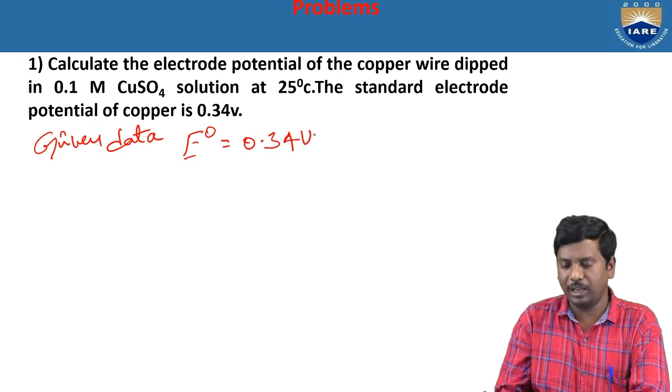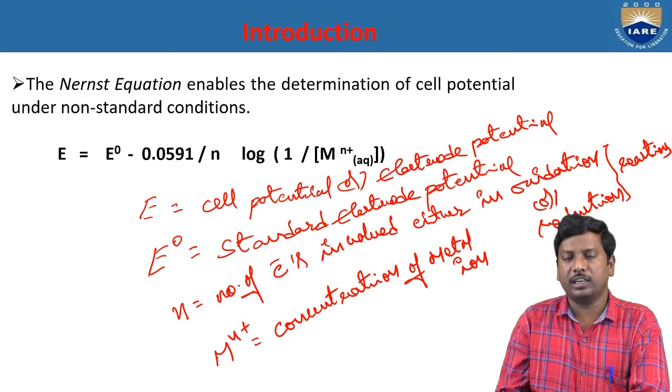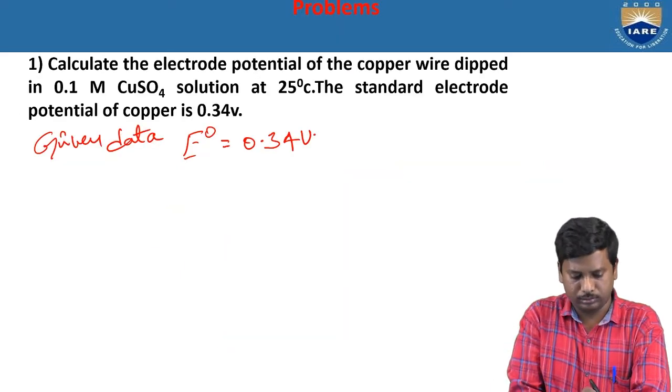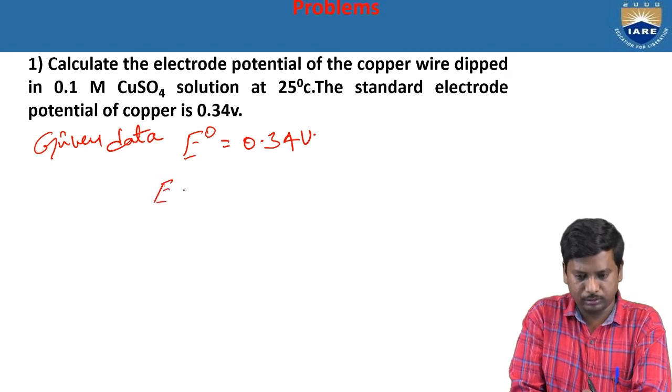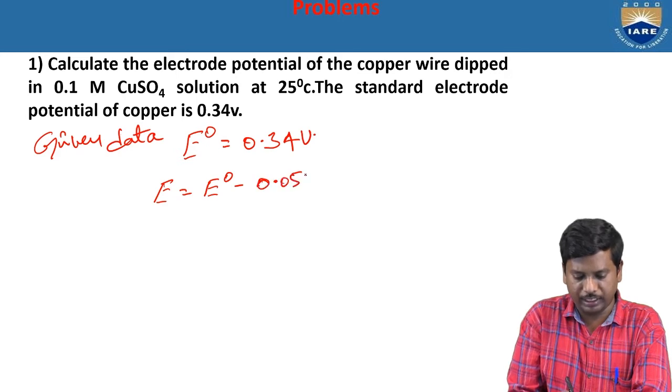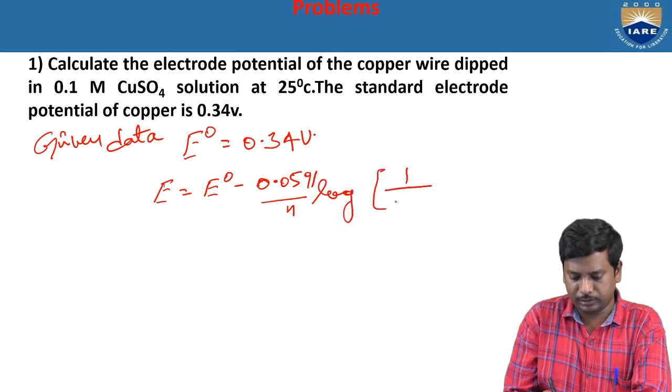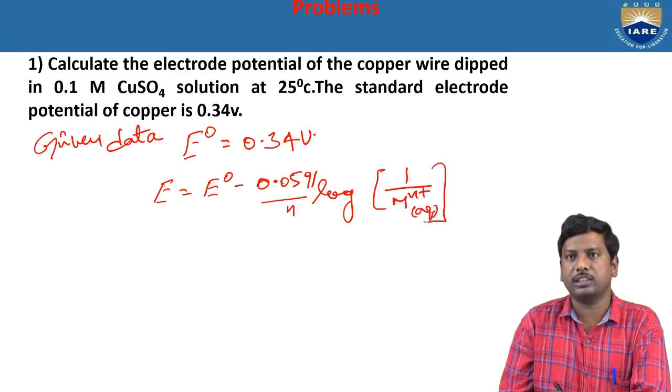Now the formula is E is equal to E naught minus 0.0591 by n log of 1 by M n plus, that is, the concentration of M n plus in aqueous media. So this is the formula.